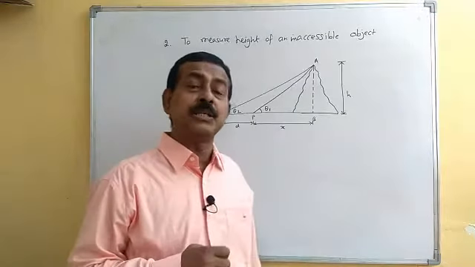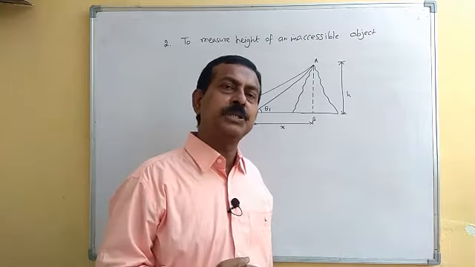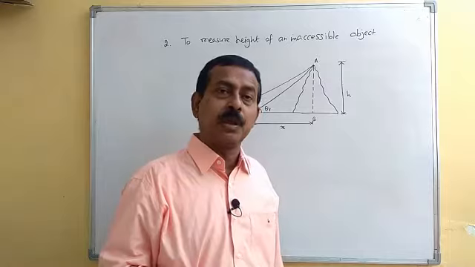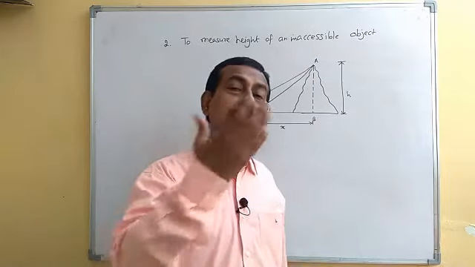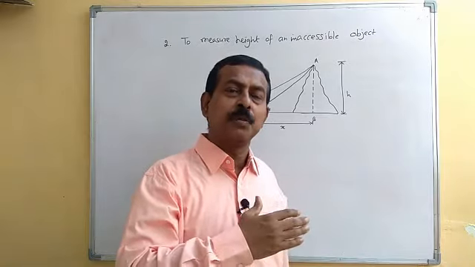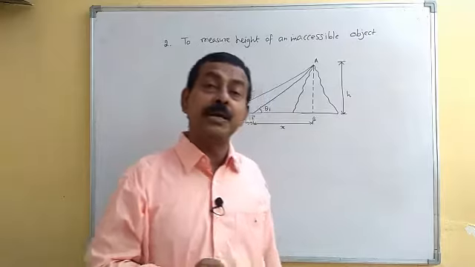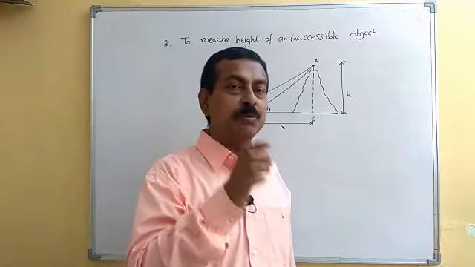If you want to measure the height of an inaccessible object, maybe we want to measure the height of a hill, or the height of a tree on the other side of a river without crossing the river. It may be the height of a building on the other side of a busy road, without stopping the traffic there.